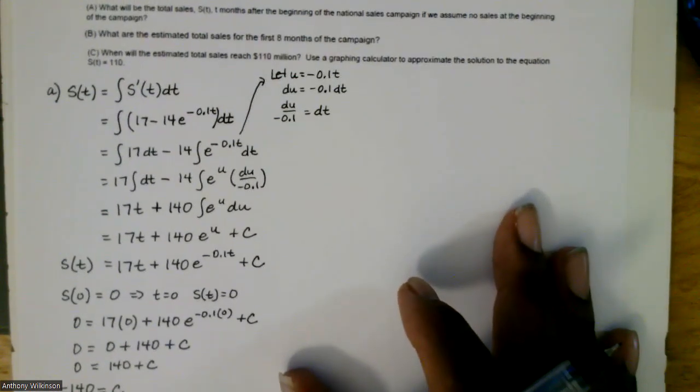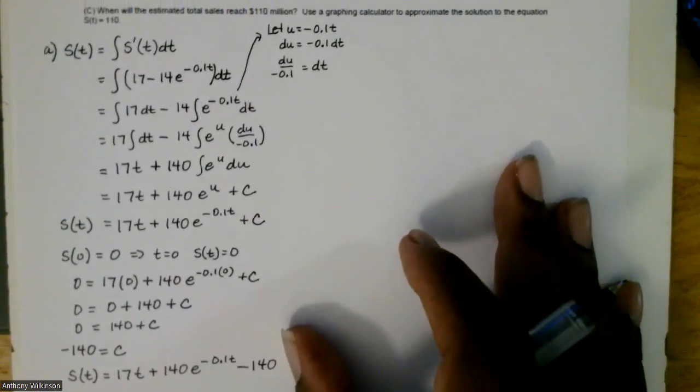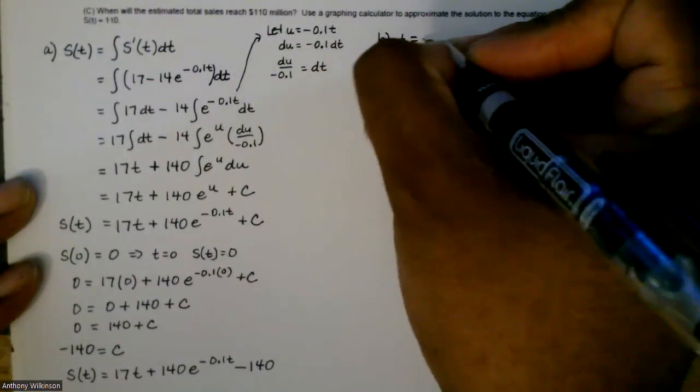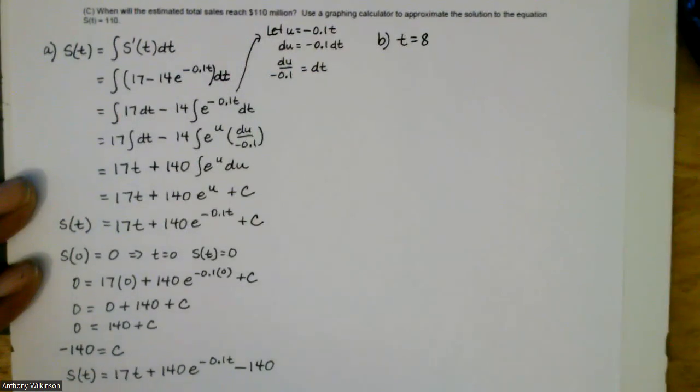Now for part B. I'm going to pull this down a bit. What are the estimated total sales for the first 8 months of the campaign? All right, so this time in part B, t is equal to 8. And we're going to take this function and substitute each t with 8.